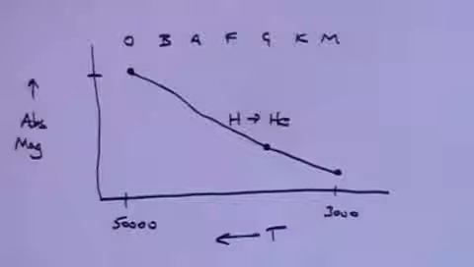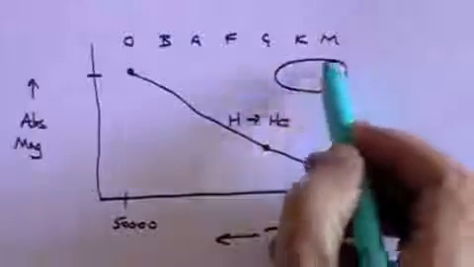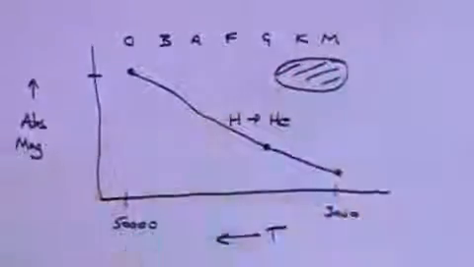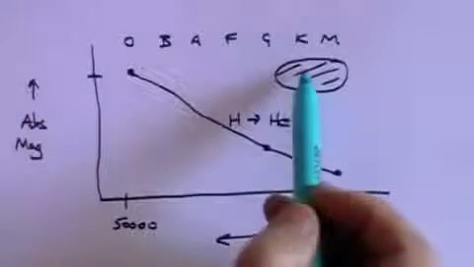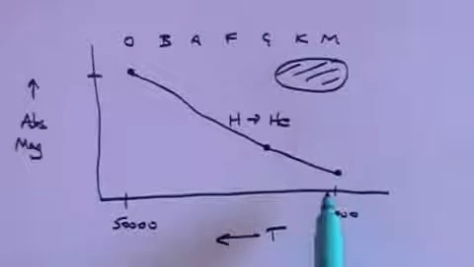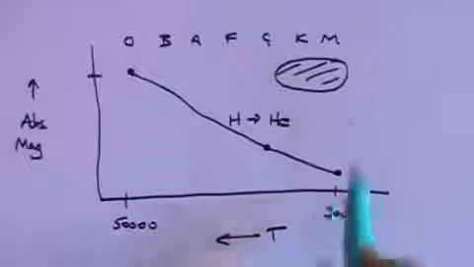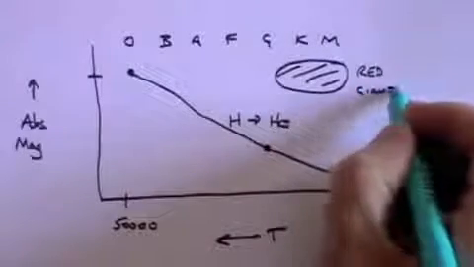What Hertzsprung and Russell found was that there was another group of stars up here in this category. Now, if we look, what we find is that they have a high absolute magnitude, but a relatively low surface temperature. And they are called the red giants.